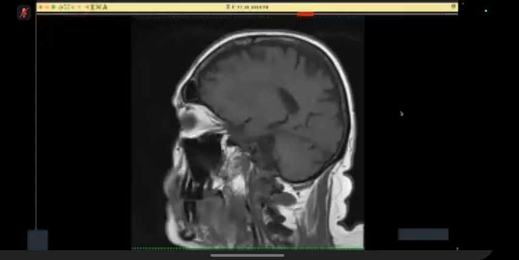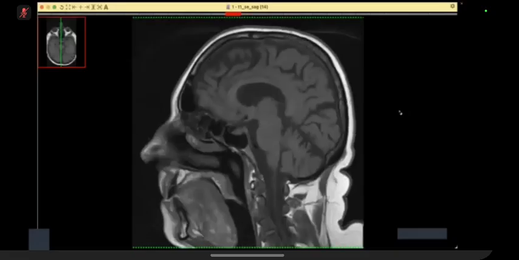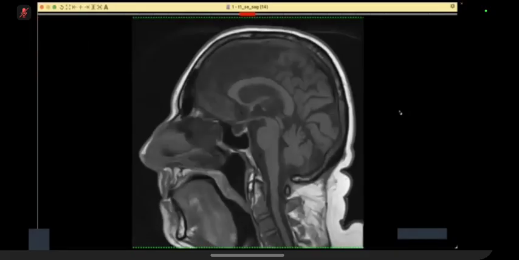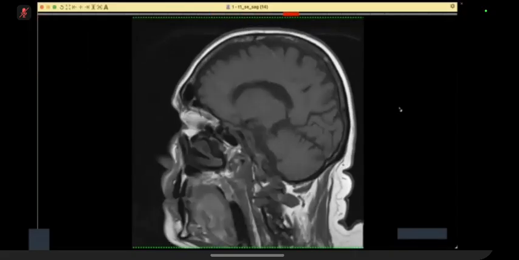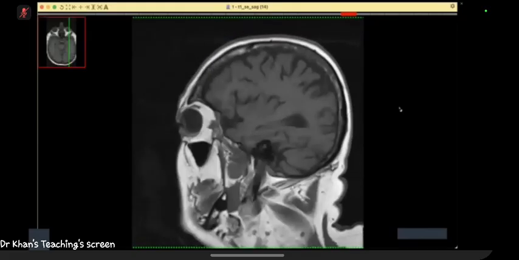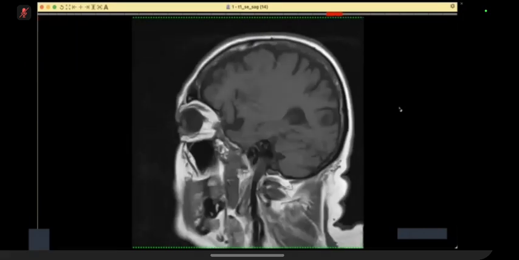I'm not able to see the C2 vertebra properly, the odontoid. Yes, I don't see that clearly. And the signal also looks a bit hypo for T1 weighted images of the visualized cervical vertebrae. Otherwise the orbits look normal to me in this section.